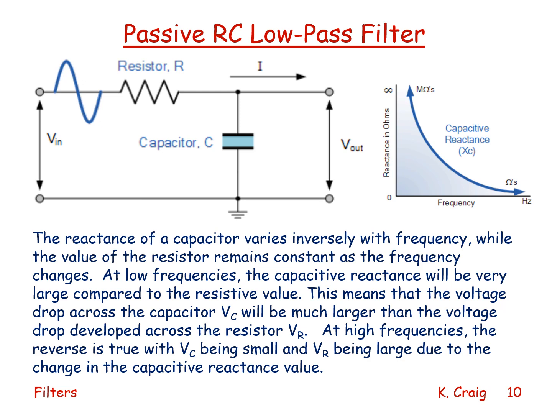At low frequencies, the capacitive reactance will be very large compared to the resistive value. This means that the voltage drop across the capacitor, V sub C, will be much larger than the voltage drop developed across the resistor, V sub R. At high frequencies, the reverse is true, with V sub C being small and V sub R being large due to the change in the capacitive reactance value.